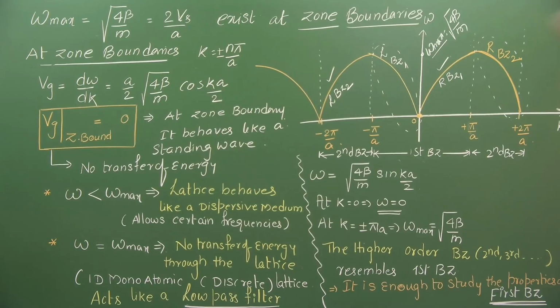And what is the maximum possible frequency it can allow through this lattice? Square root of 4 beta by m, and that maximum value exists at the zone boundaries. At the zone boundaries, group velocity becomes 0. What does it mean? It behaves like a standing wave, no further transfer of energy.